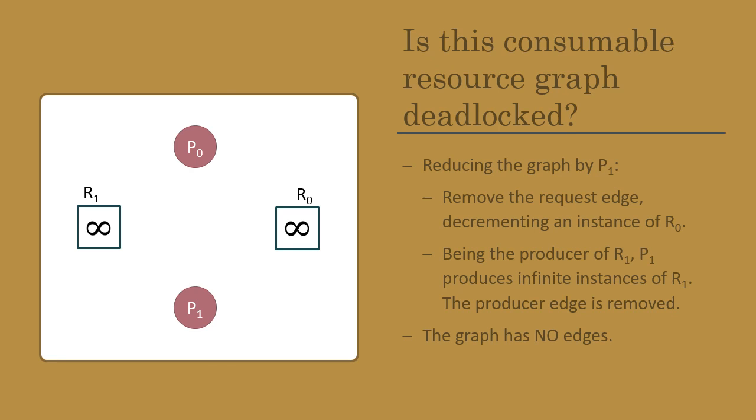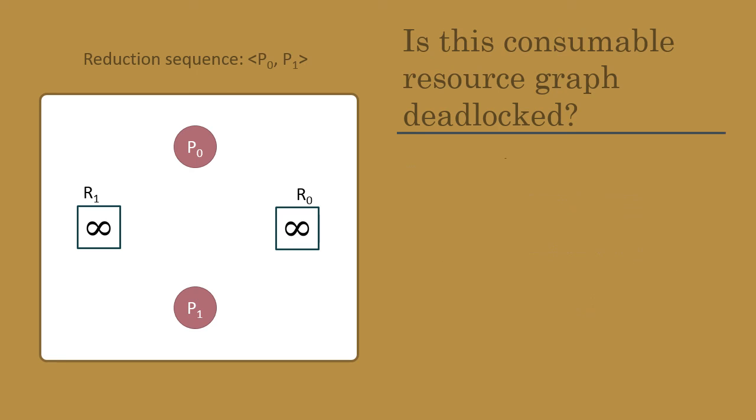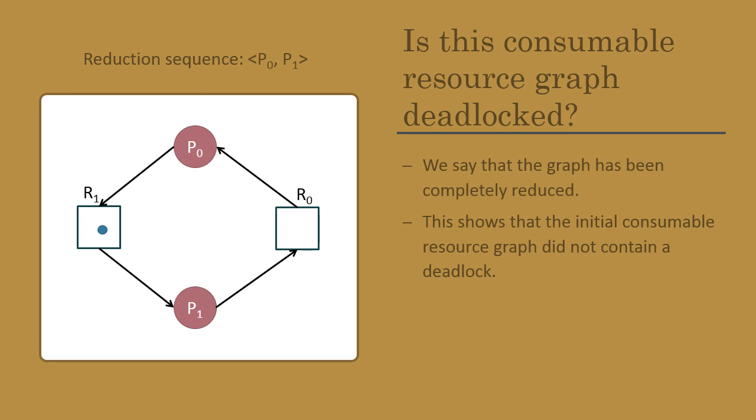The graph has no edges. We say that the graph has been completely reduced. This shows that the initial consumable resource graph did not contain a deadlock, and the initial consumable resource graph can be reduced with this sequence: P0, then P1.